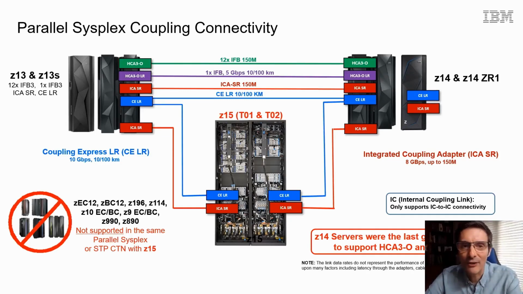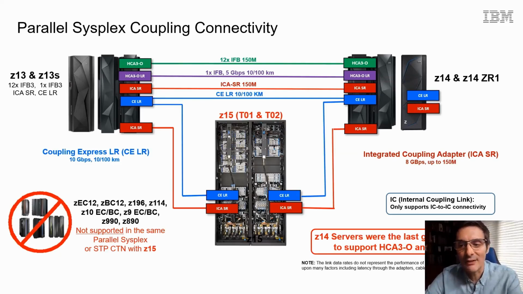That being said, now if we look at the upper two, left and right, with the Z13 and Z14, those machines can still use the HCA3 and HCA3 long reach using InfiniBand protocol to communicate between themselves. They cannot communicate to the Z15, nor can they communicate to the Z14 ZR1, but they can communicate between the Z13, Z13S, and Z14 using those older cards using InfiniBand.